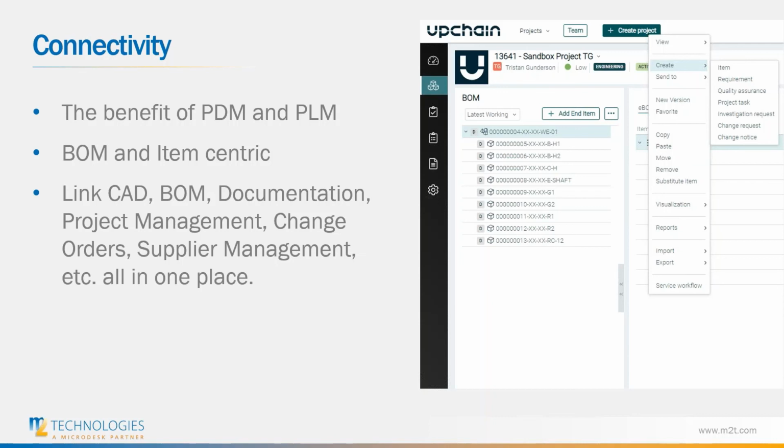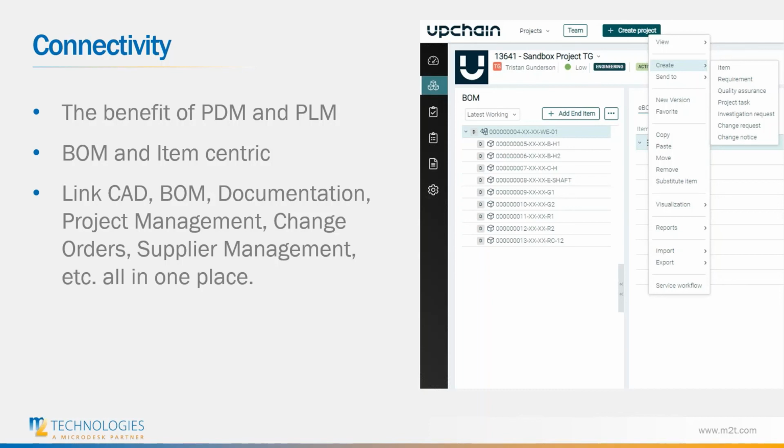Keep everyone on the same schedule with the scheduling tasks, and have those scheduled tasks and all those documents linked and connected to other items so that everyone knows what is relevant to each item.